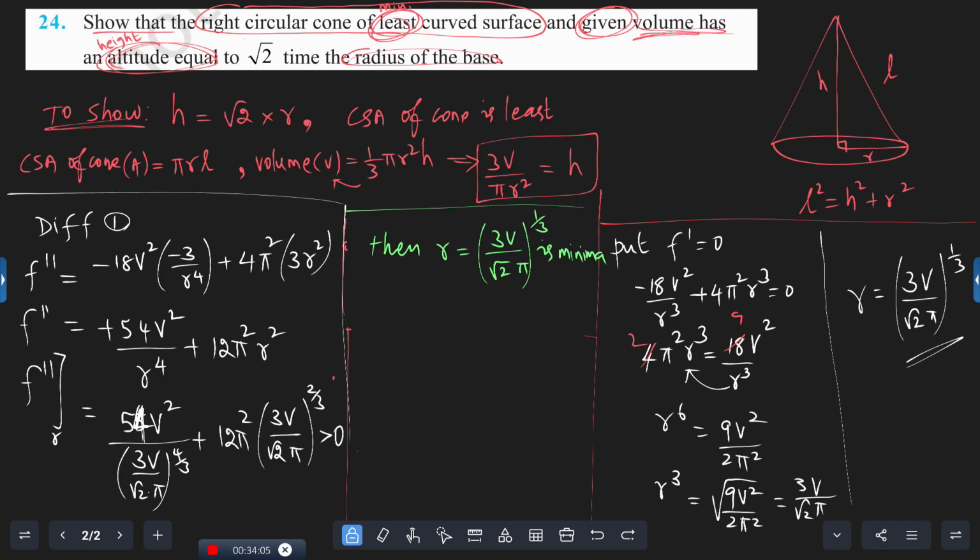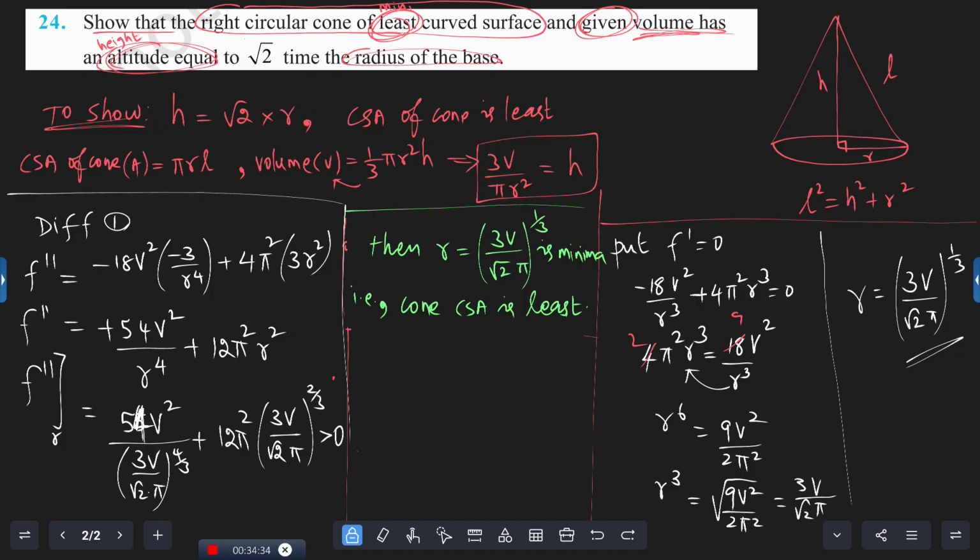Minima means the cone's curved surface area is the least. That is, CSA is least. That is what they asked to say. After saying the cone's curved surface area is least, this answer you have to bring.